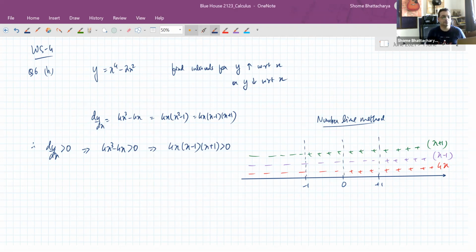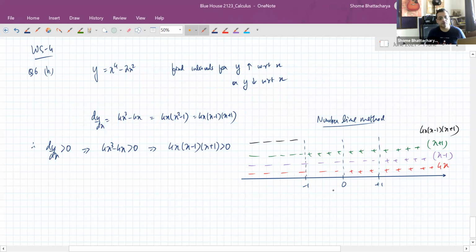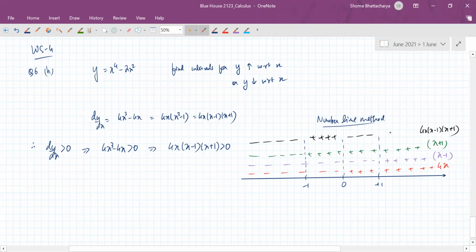So now when we look at the product of these three quantities, 4x into x minus 1 into x plus 1, it's the product of three negative quantities, so it's negative here, then positive here, then again negative here, then again positive.